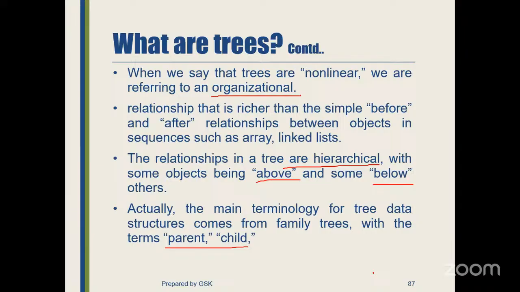You can assume a family tree. Let me start a family tree with grandfather, grandmother, next level parents, next level you, next level your children, and so on. So this is what above and below relations, hierarchical relations, mean.